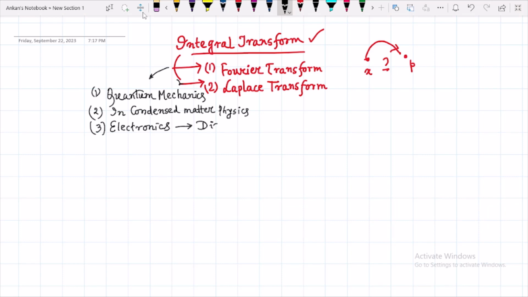Digital signal processing. Some of you may have this in your dissertation. Digital signal processing is a very interesting topic, but it is not the matter to discuss in this video. So let us begin the Fourier transform.